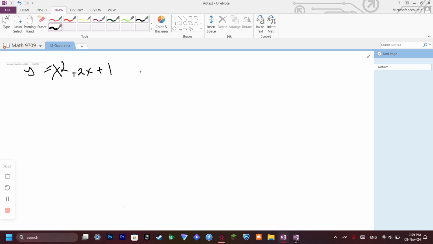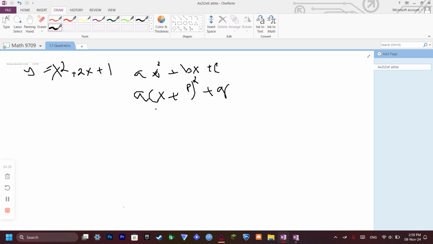So actually, every quadratic in the form ax squared plus bx plus c could be written in this form: a into x plus p squared plus q. Now, why is this useful? Let's say we're finding the inverse. Let's say this is equal to y. You can easily just make x the subject.